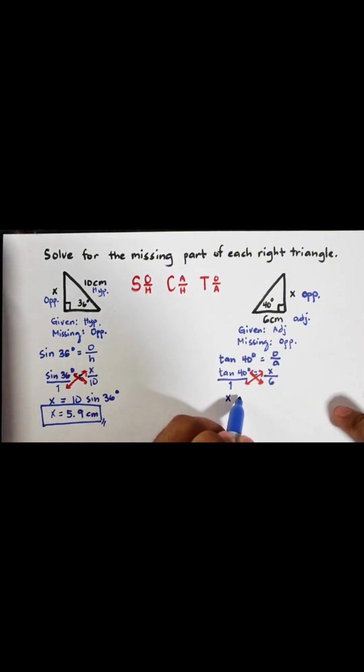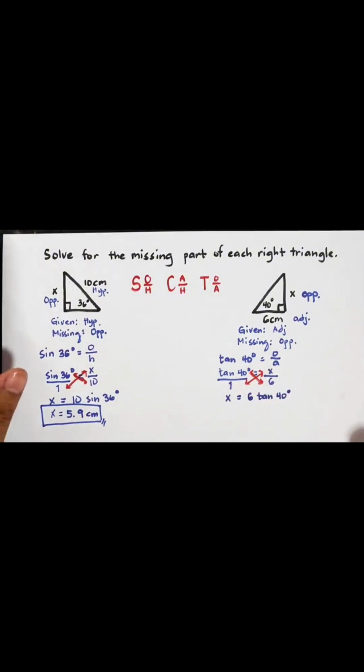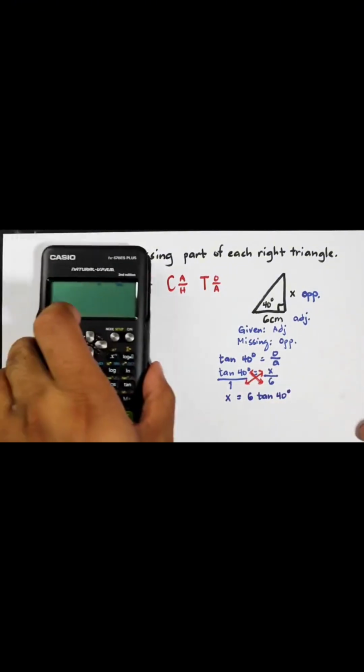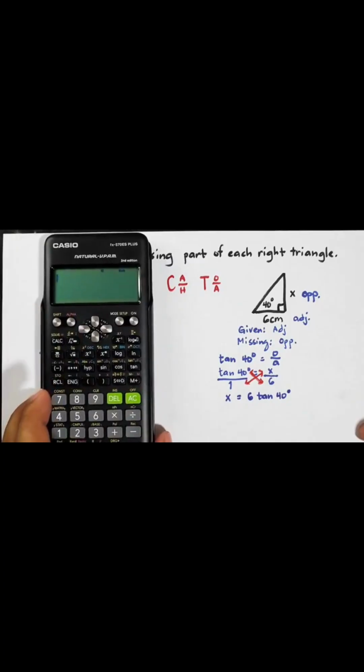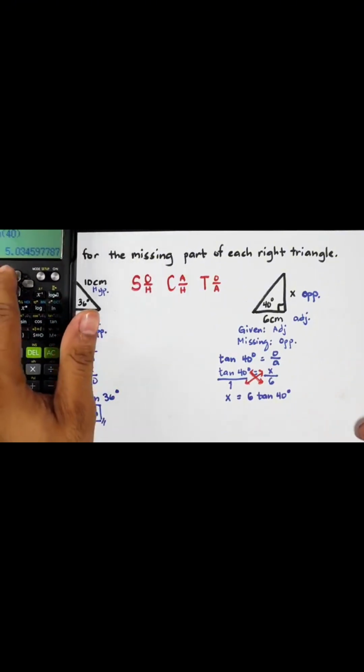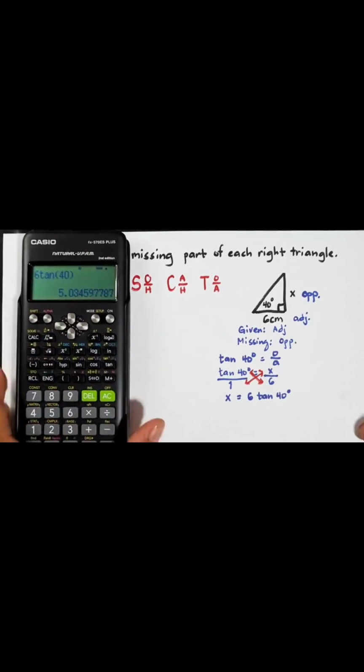For this, copy 6 times tangent 40 degrees. Now again, we will use our scientific calculator. Again, this is very important. Press 6, then press tangent 40 degrees. And as you can see, this is the answer.